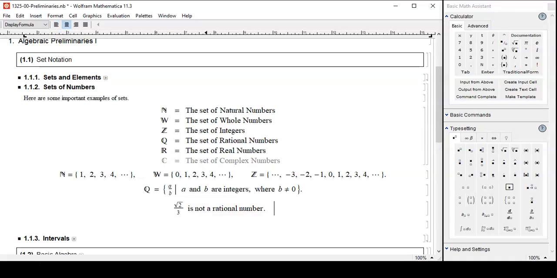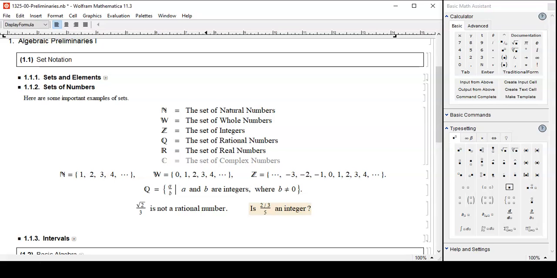How about this? Is this a rational number? Well, this is not written in integer over integer form because the numerator is 2/3, not just an integer.